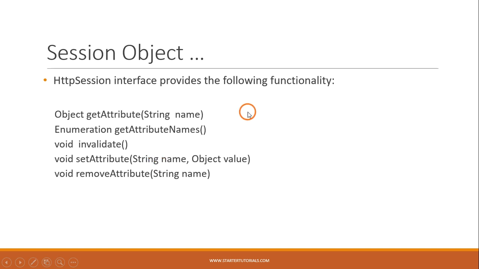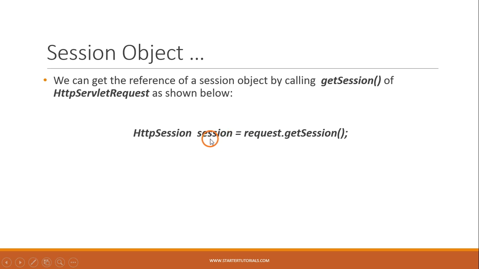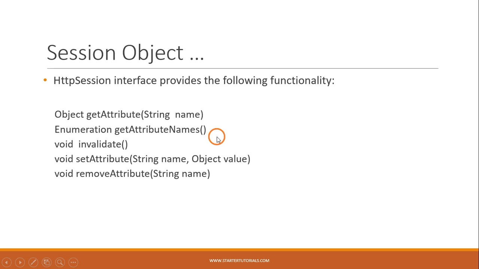Once you get the reference of the session, available in this variable, you can use any of these methods. Here we are seeing 5 methods. If you want to get the value of a particular attribute already stored in the session, you can use getAttribute.